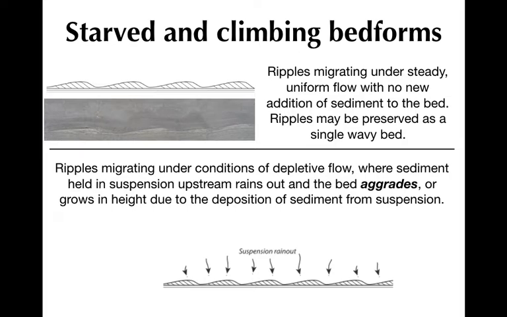The first, at the top here, is what might happen when ripples migrate under steady, uniform flow with no new addition of sediment to the bed. So the sediment's just being transported along the bed. Ripples will just simply transport until the current stops, and then they get buried. So let's watch what that looks like.